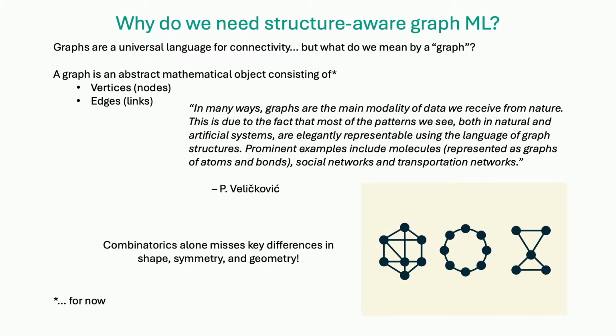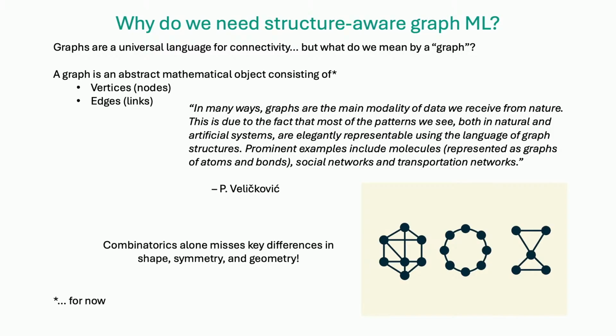We have an abstract mathematical object, which consists of vertices and edges. Vertices are abstract points, which represent entities, and the edges are the connections between these vertices, which represent relationships. So the little asterisk says, for now, this is how I'm going to think of a graph. So we focus on abstract graphs.